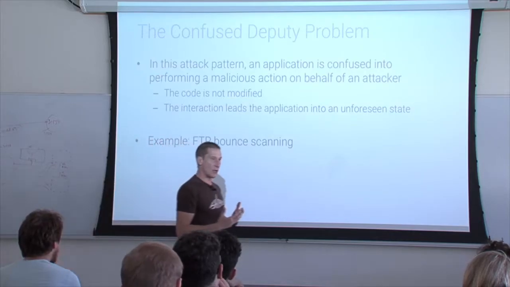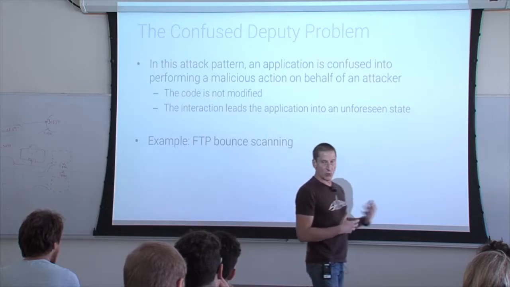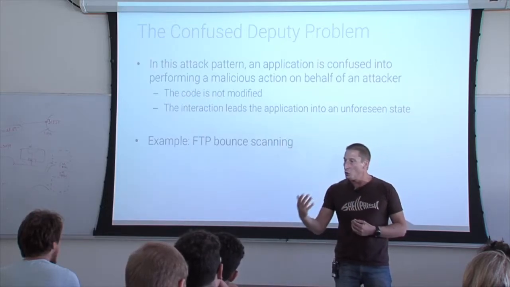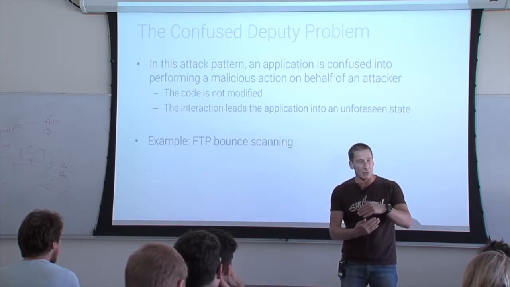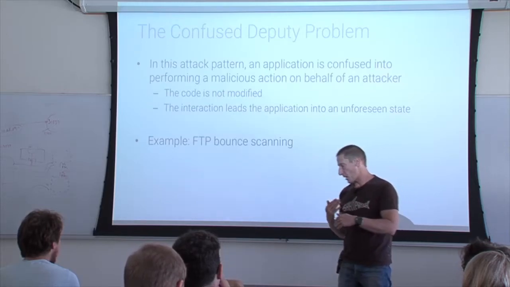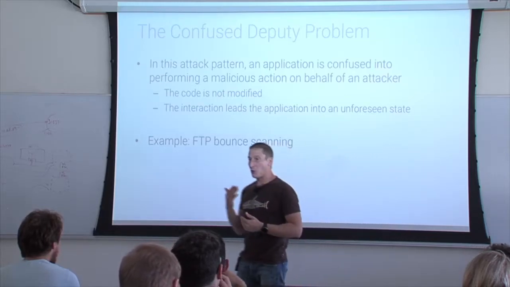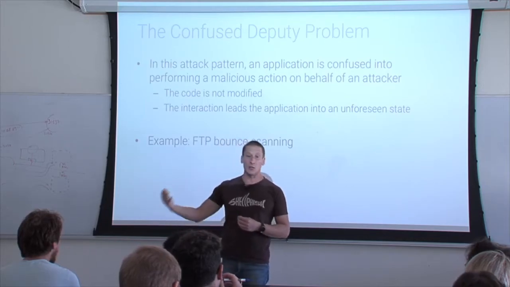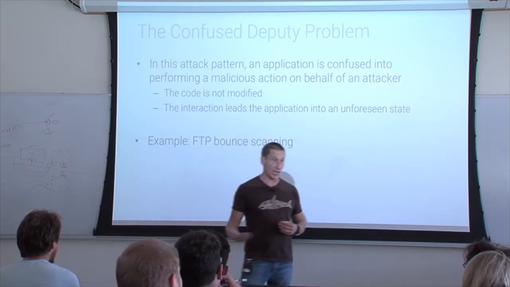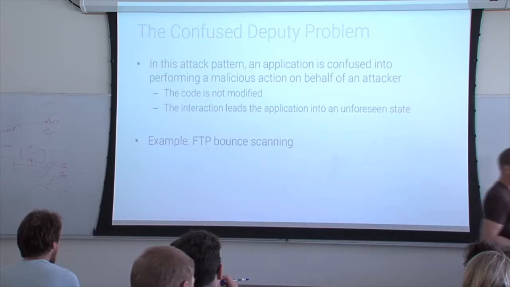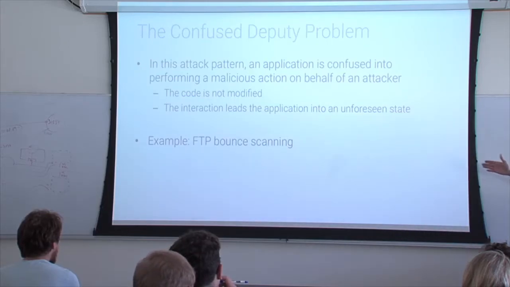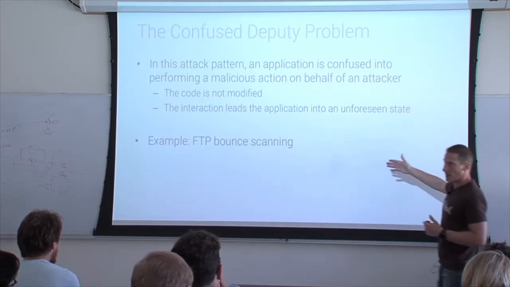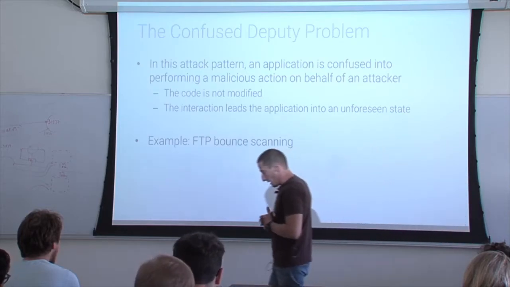There are many situations in which you will use something to create an unusual condition that tricks an application into doing something it shouldn't do. That's called the confused deputy problem. A good example is the FTP bounce scanning that we saw when we were talking about FTP.